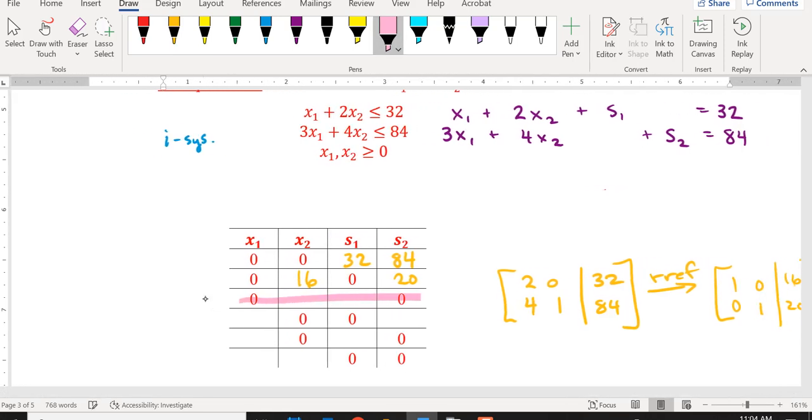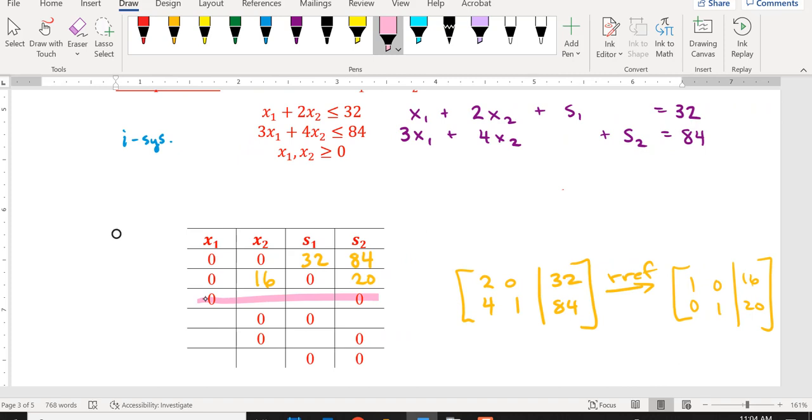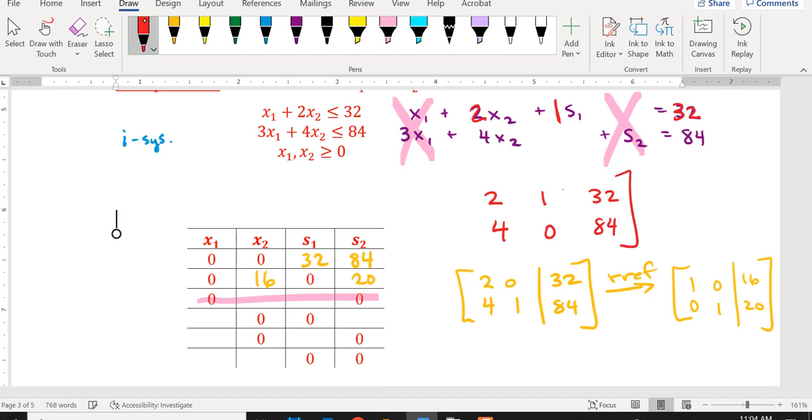How would you do it? Those would be 0, and S2 would be 0. So your matrix would be 2, 1, 32, and 4, 0, 84. You would go RREF that one. You see the process? It takes a while.